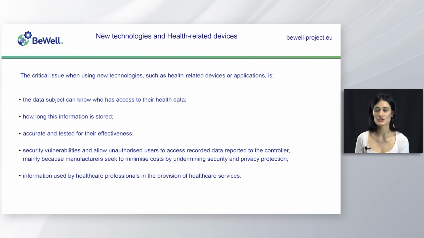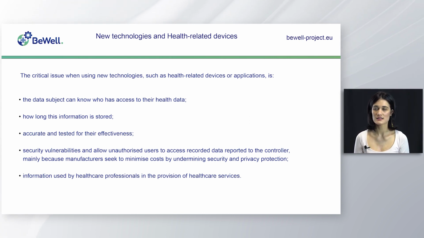The critical issue when using new technologies such as health-related devices or applications is whether and to what extent the data subject can know who has access to their data, where and for how long this information is stored, whether it is accurate, and whether it has been tested for effectiveness.